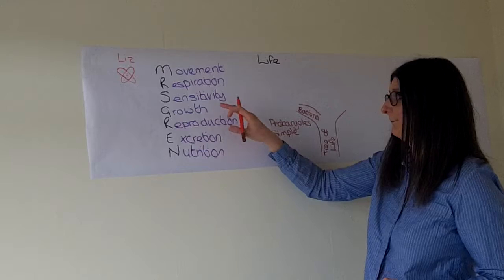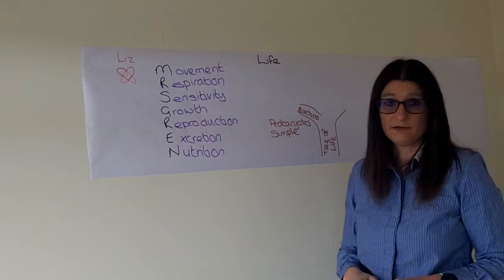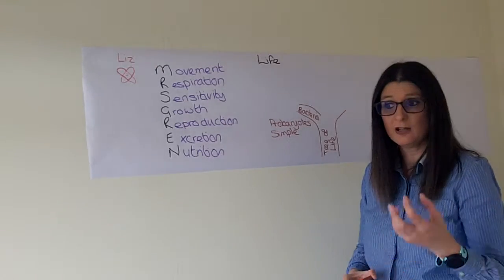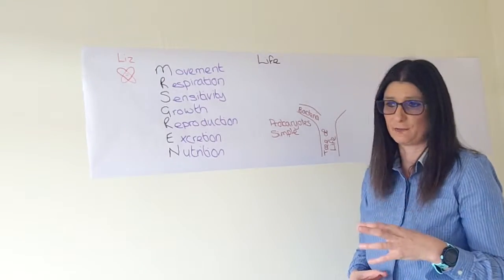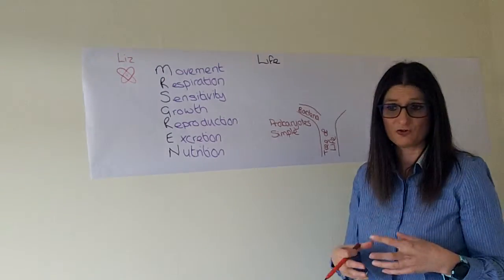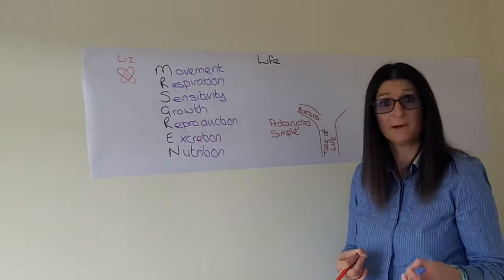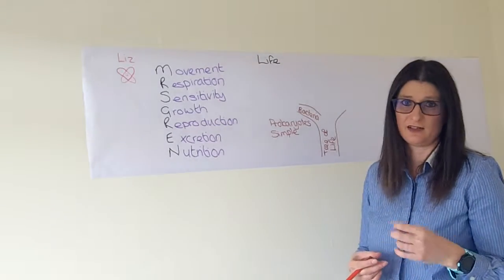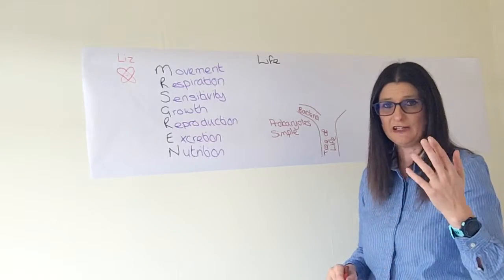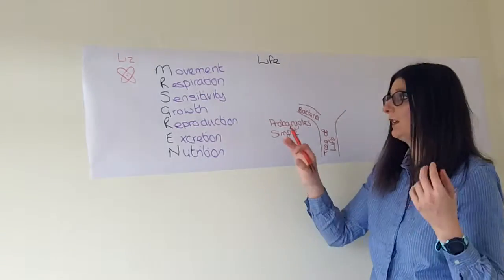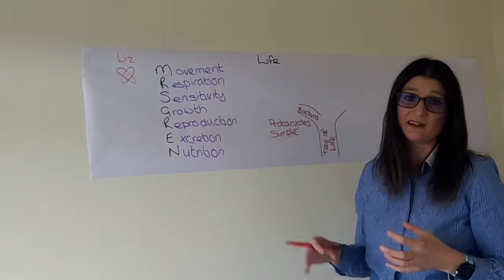That's respiration. Are they sensitive? Again, yes they are. They are very sensitive to temperature. If you've got a bacteria that's used to living in a human body, then they will grow best at 37 degrees centigrade.